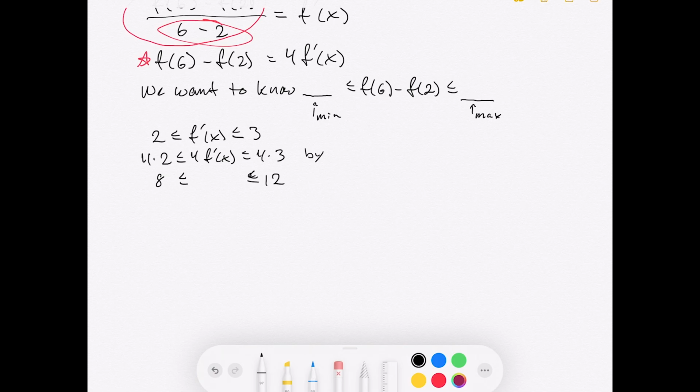I'm going to say by star, in other words, I'm going to use the information from my previously starred statement, which is up here. By the information contained in that statement, I can replace this with what 4 f prime of x is equal to, namely f of 6 minus f of 2.